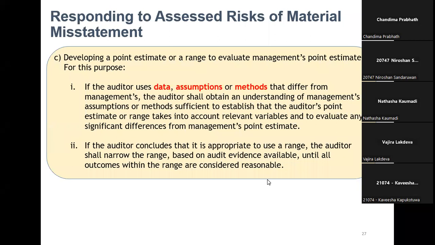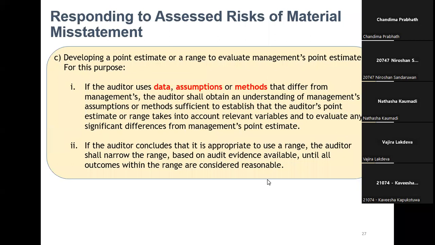Or the auditor could develop a range. In the same example, the management point estimate is 100 million, and the auditor develops a range. Now, when it comes to accounting estimates, one thing is that it's a judgmental matter. It is very easy to say an accounting estimate is not correct, but if you ask what the correct amount is, you are not in a position to say.